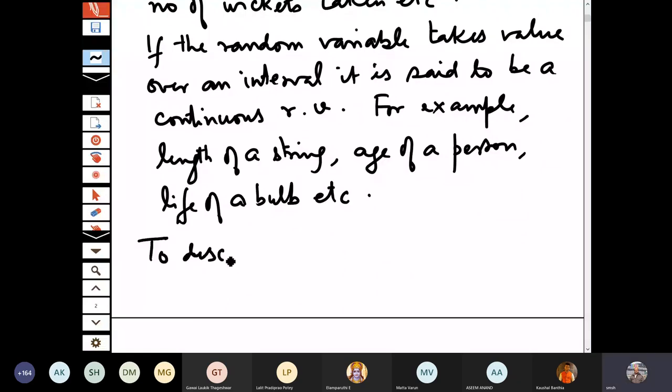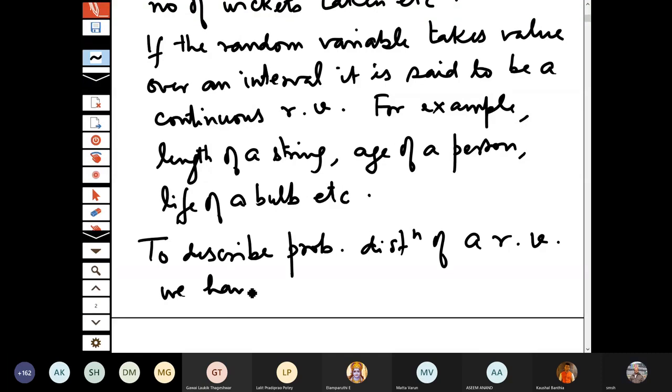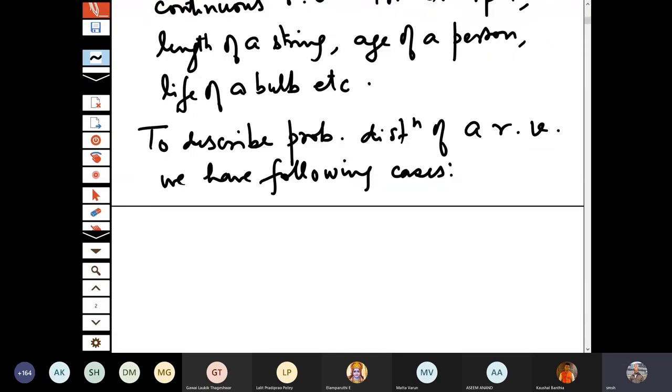To describe the probability distribution of a random variable, probability mass function.